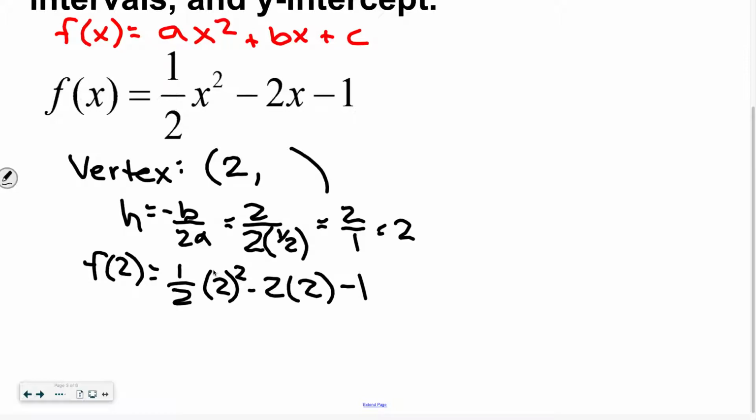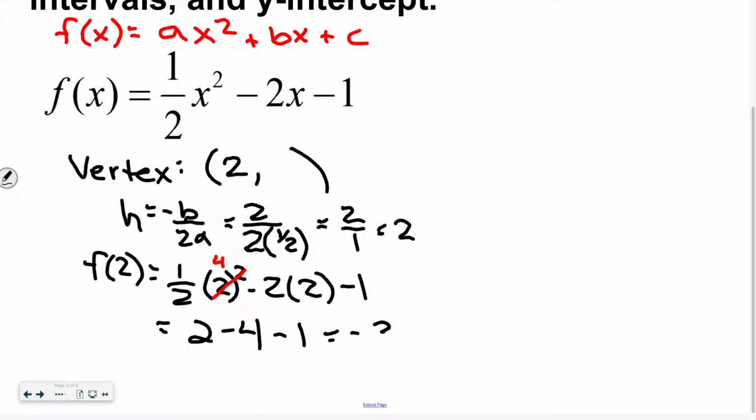A lot of times I get people right here on this first term who violate PEMDAS. They're going to multiply 1/2 by 2 and say 1 and then square it. But by the order of operations, you got to do the exponent first. So 2 squared is 4. And then 1/2 times 4 is 2, minus 4, minus 1.